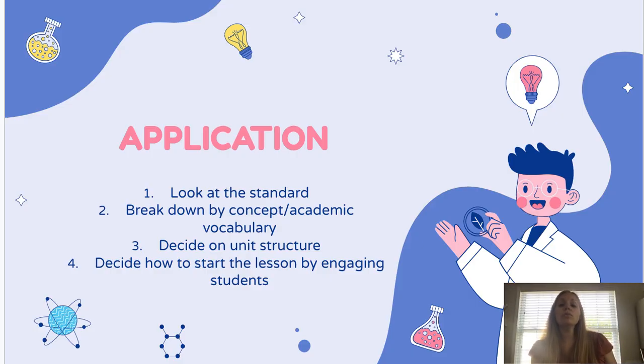So use your resources, but it shouldn't be the end all be all, because there's not a lot of inquiry-based learning going on in the schools, which hurts my science heart. But this is where you should start to get creative. How would you want to learn about the different types of consumers? Do you just want to do a sort, or do you want to look at different teeth and make models of it? That's what we did. And they were able to see that based on the teeth, you can tell what type of consumer.